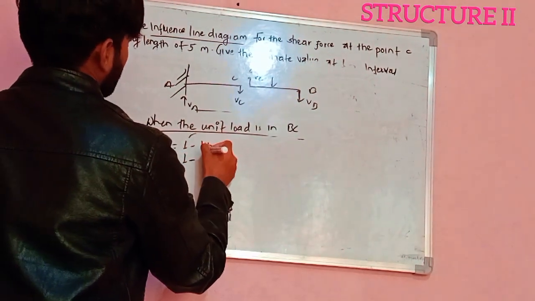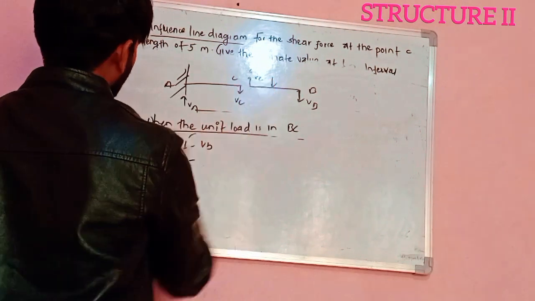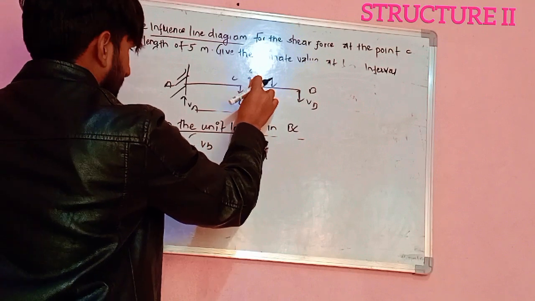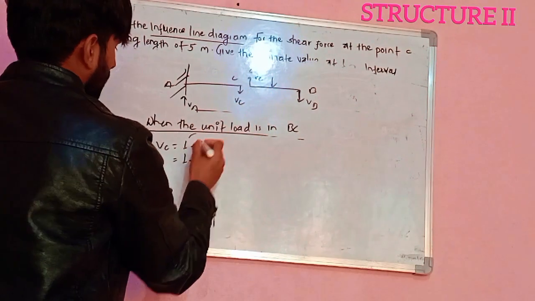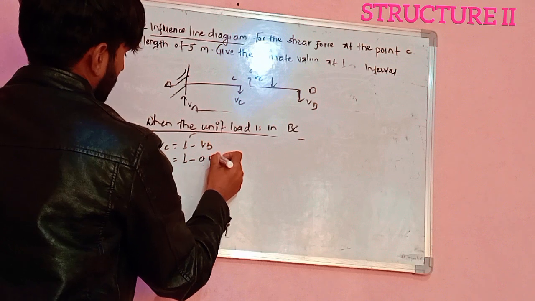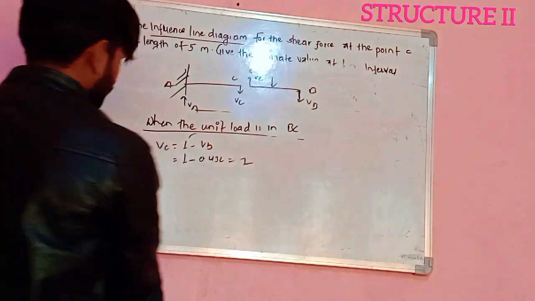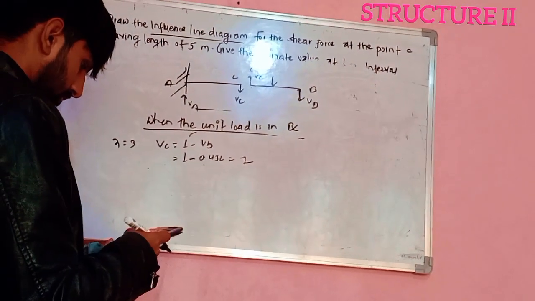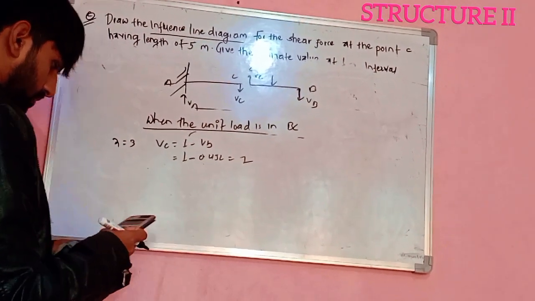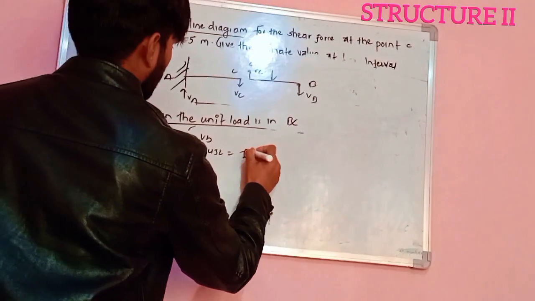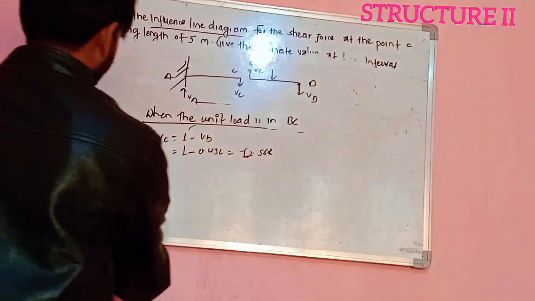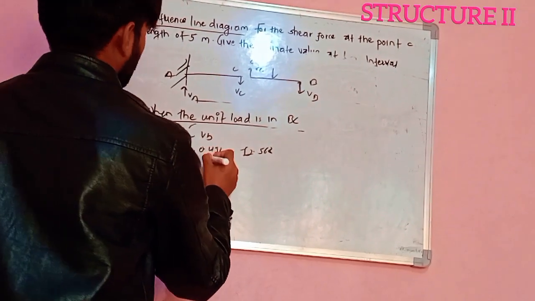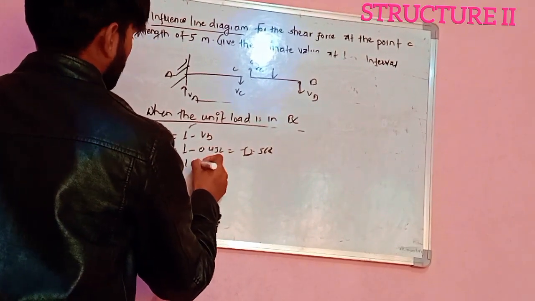What about the value of BB when the unit load is exactly at point C, that is X equal to 3? The value of BB was 0.432. If we calculate, 1 minus 0.432, we get 0.568.